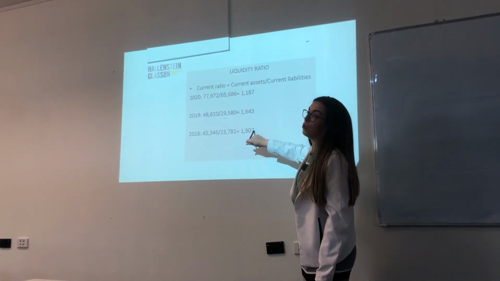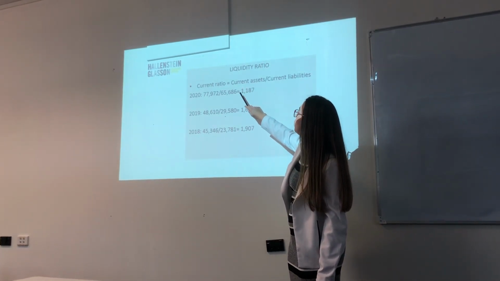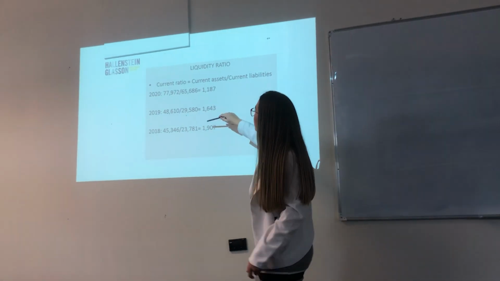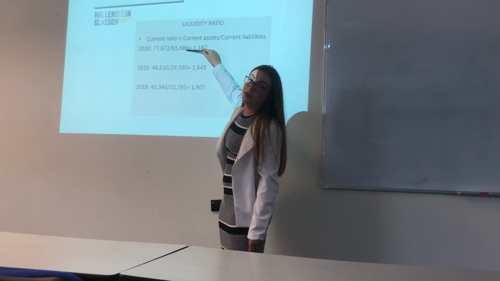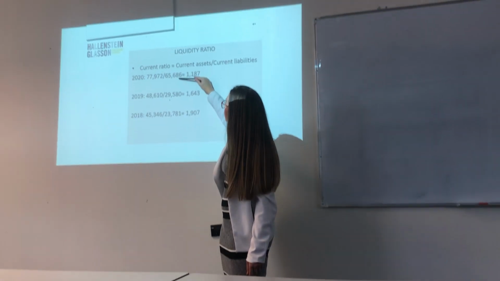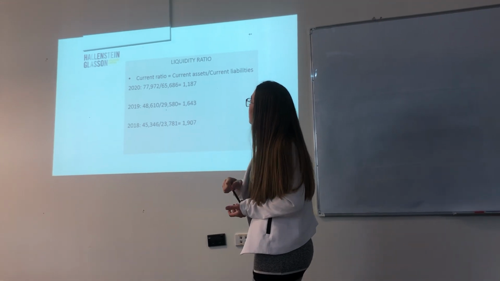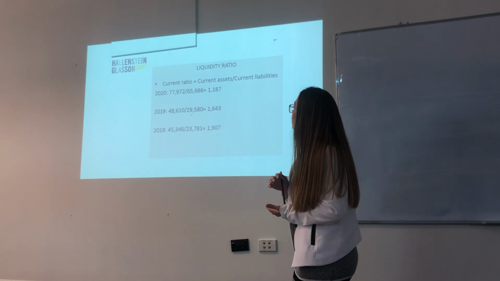In 2019 it was almost 2, and it dropped to 1.1, which means it dropped just a little bit because the current liabilities went up almost 40,000, and the assets went up as well.